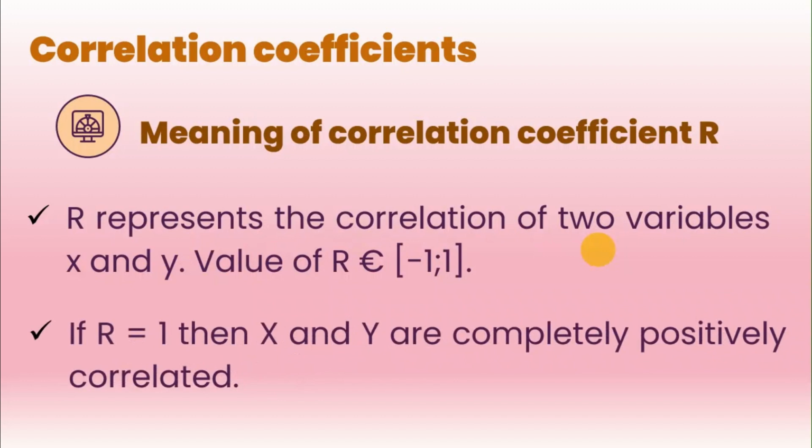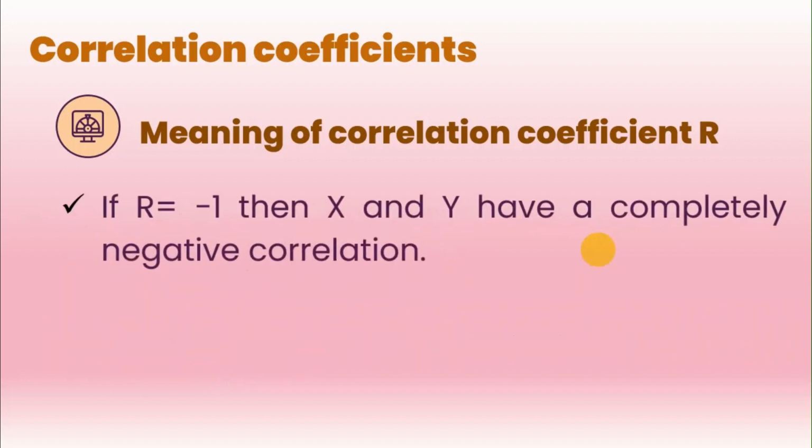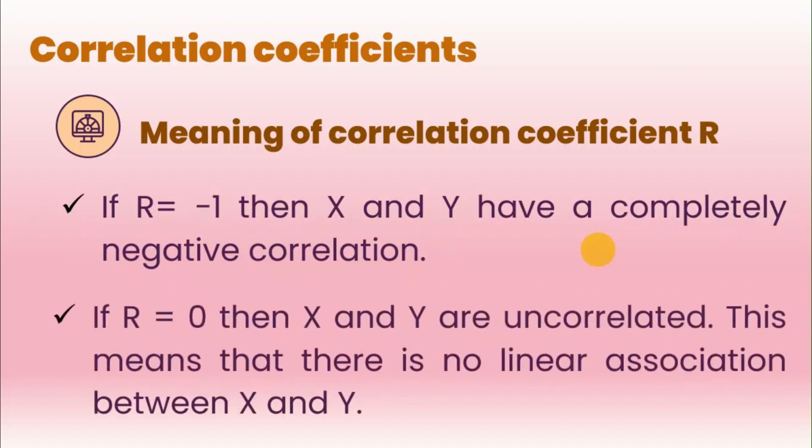If R equals 1, then X and Y are completely positively correlated. If R equals -1, then X and Y have a completely negative correlation. And if R equals 0, then X and Y are uncorrelated. This means that there is no linear association between X and Y.